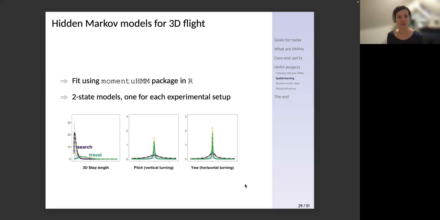It's more parsimonious to just have 2 states and then increase from there if you see that 2 states aren't capturing the movement adequately. So the search behavior had a very small step length, so it was slow, and it was also very convoluted. So we've got these peaked. We have flat pitch and yaw, so it's undirected, whereas travel is faster and more directed.